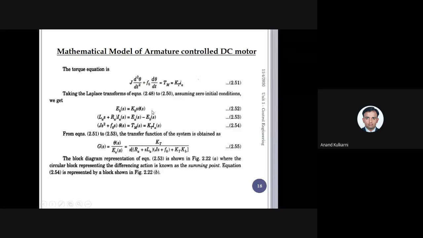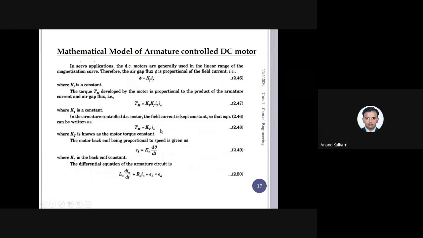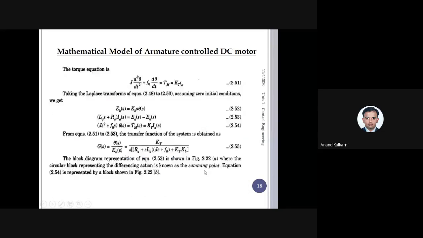Similarly, if you take the Laplace transform of that electrical system, this becomes LAS into IA of S, because d by dt is there, RA into IA of S. So I will write it here like that. That is LAS plus RA, I of S I am taking common, is equal to EA minus EB, that is Tm, and this is one equation.